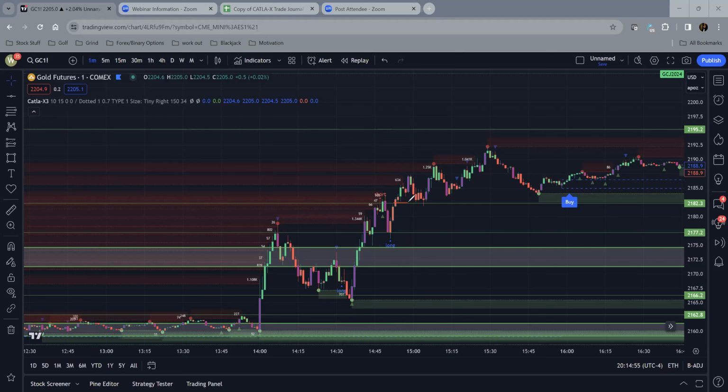Trader number two decided to enter the market at 2183. Where would their true stop loss be? If they entered the market here, where would the true stop loss be?